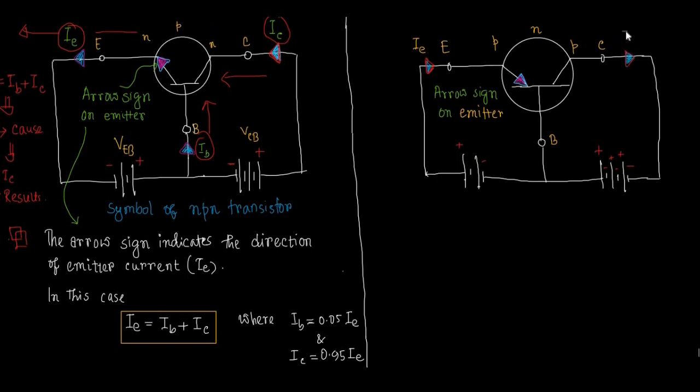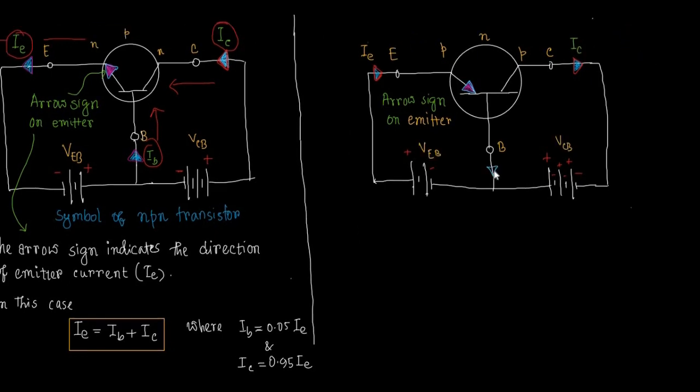Base current IB also flows along this direction, that is, base current IB flows away from the N-type base. This is the symbol of PNP transistor.